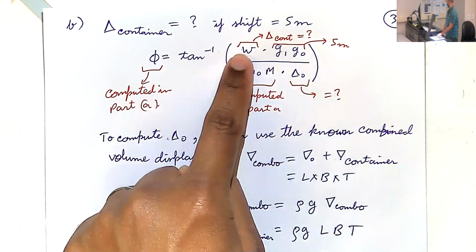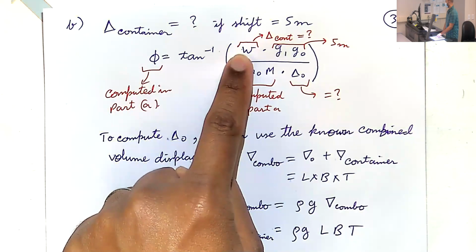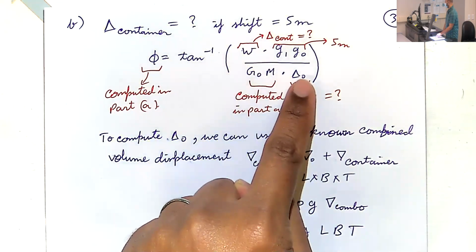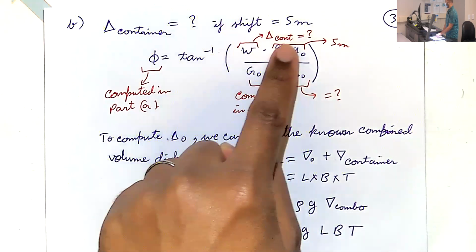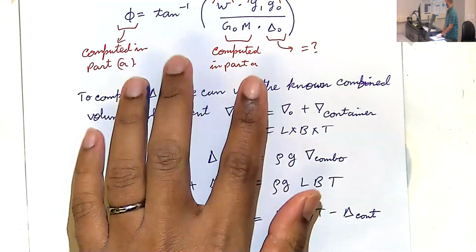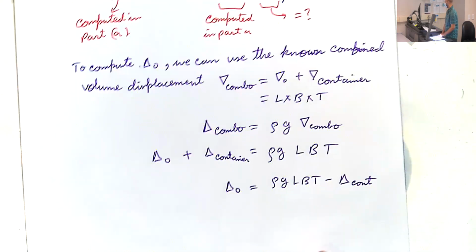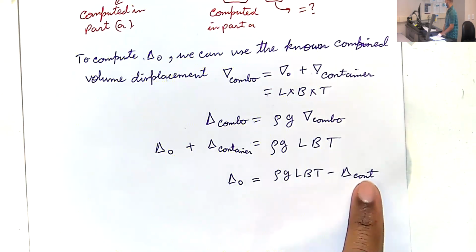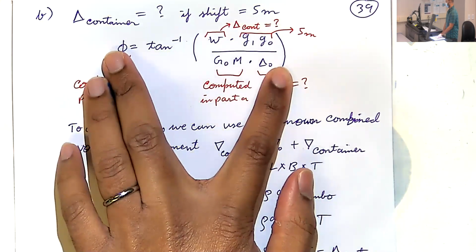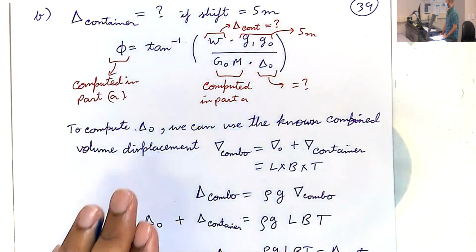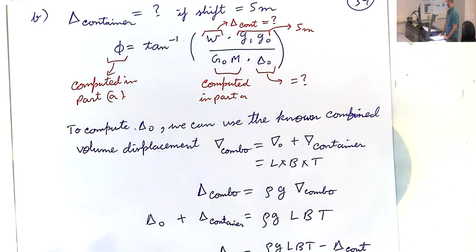We don't know the weight of the container. So that's the unknown, W, or delta container. And delta 0, we just rewrote as rho G LBT minus delta container. So this equation you can use to compute delta container and divide that by G to get the mass.